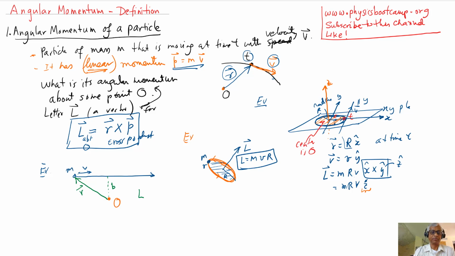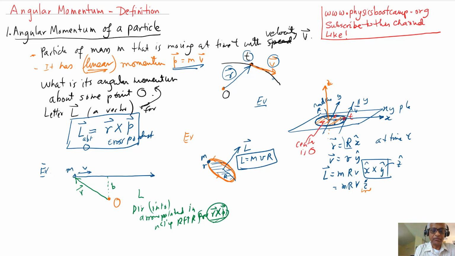So if you look at the direction, it will be into the page. Like if you have an arrow pointed in, using the right hand rule for R cross P, taking a cross product for this vector.